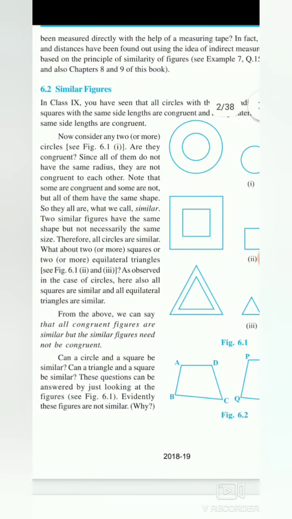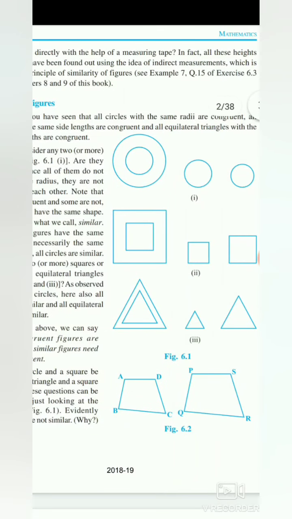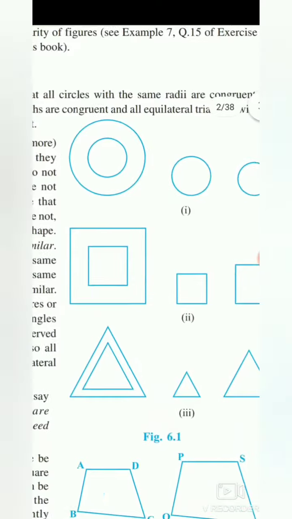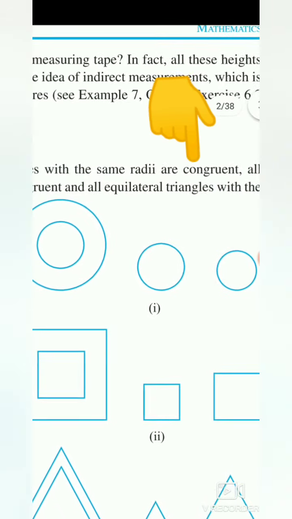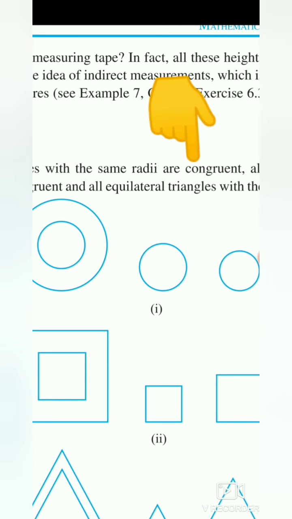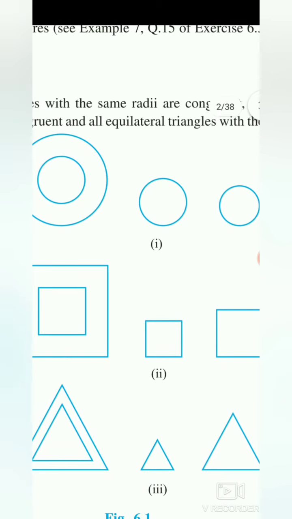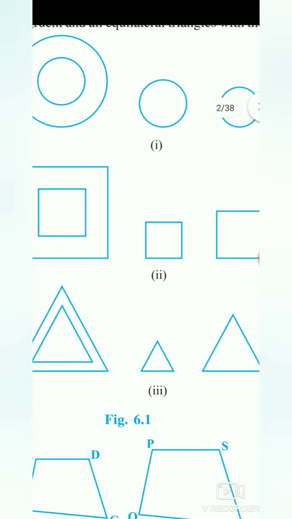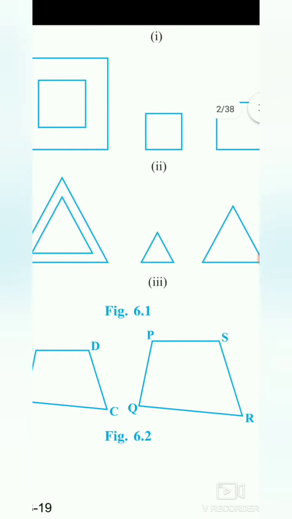In that, as we can see, these three are circles, but one is too small, another one is a little bit larger, and the last one is too large. Squares are also there, and some triangles are also there.